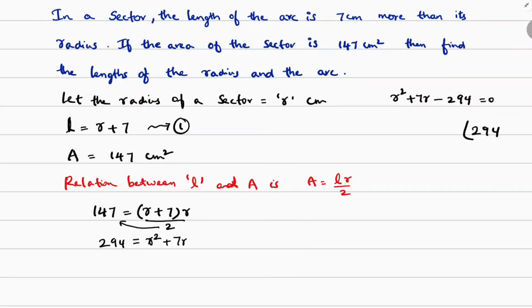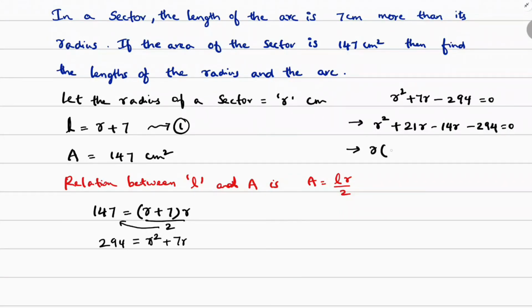So 294, 2 times 1, 4, 7, 7 times 21. So 21, 14. See, these are the factors, 21 and 14. So I'll split with that. I'll use 21 and 14. So here R square plus 21R minus 14R minus 294 equals 0.